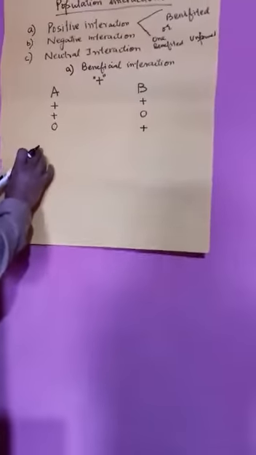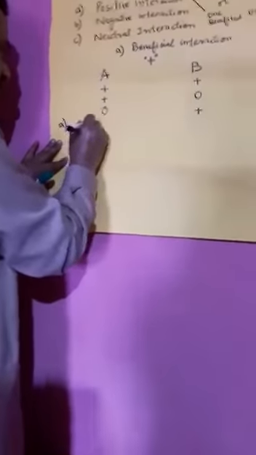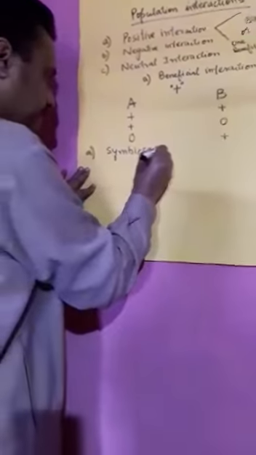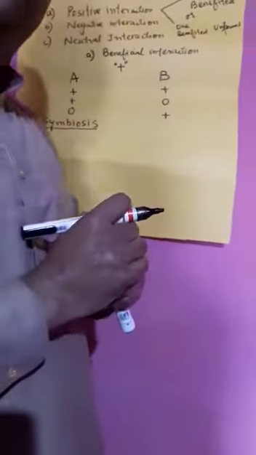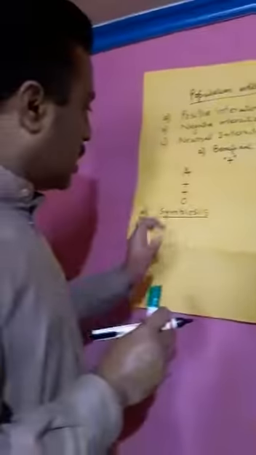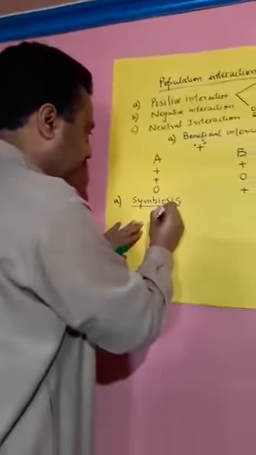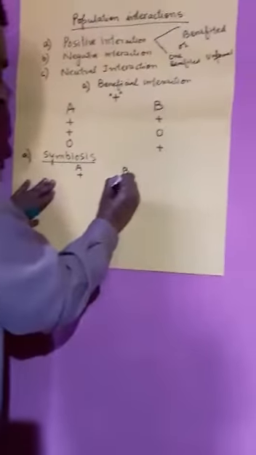One type is called symbiosis. In case of symbiosis, both the species, that is both A and B, are benefited.